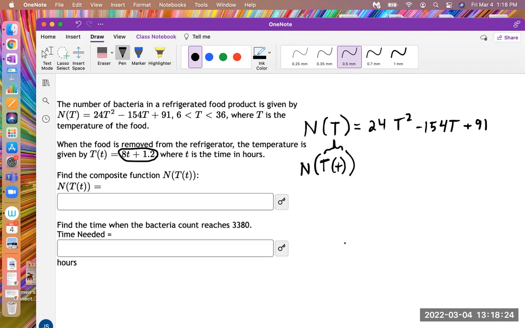And remember that a function is kind of like a little machine. It has a little spout. There's an input, something that's being input.